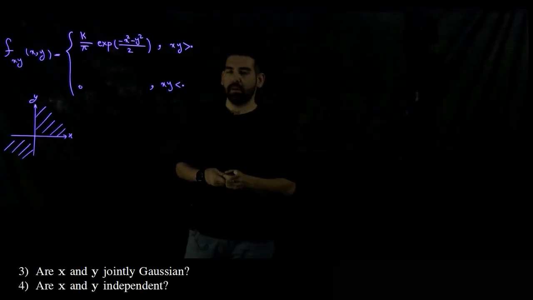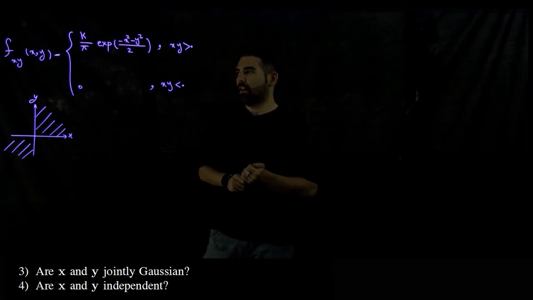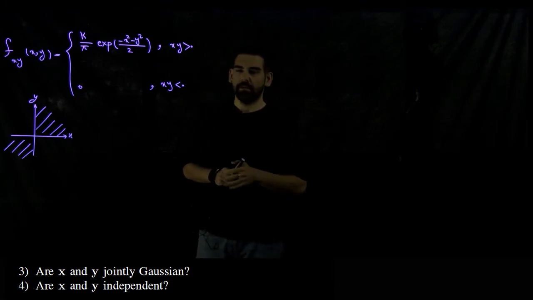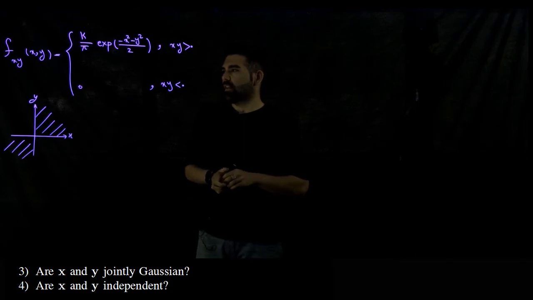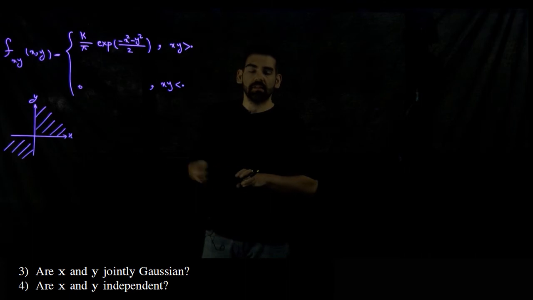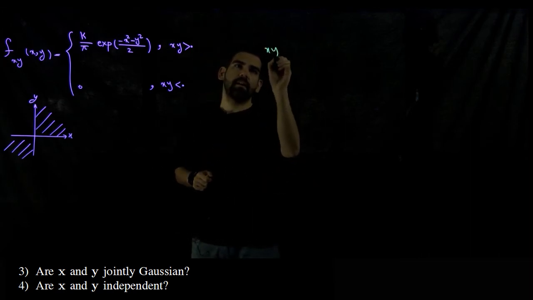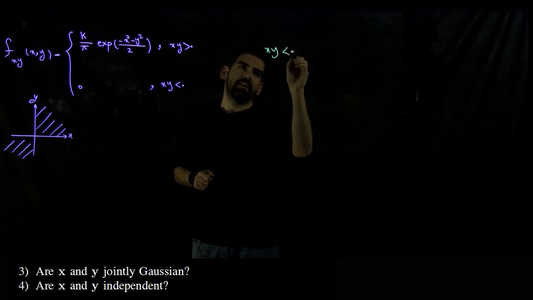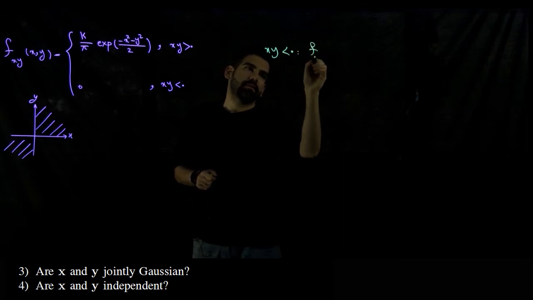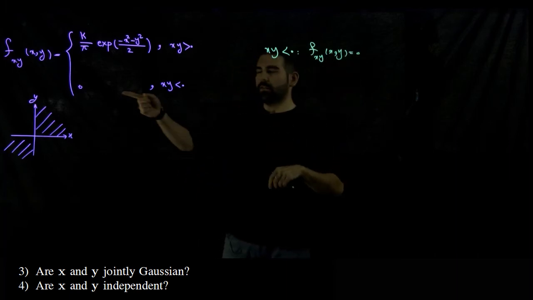In the third part of the problem, we are asked to say whether x and y are jointly Gaussian. This is obviously not true because the joint PDF given here is not compatible with the general PDF for jointly Gaussian random variables. For example, if xy is negative, then fxy is 0 here.